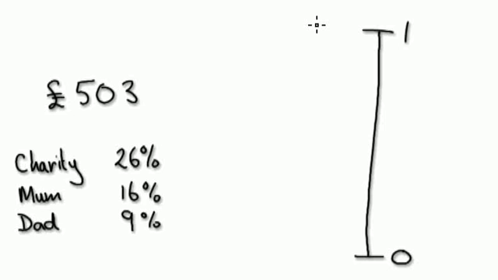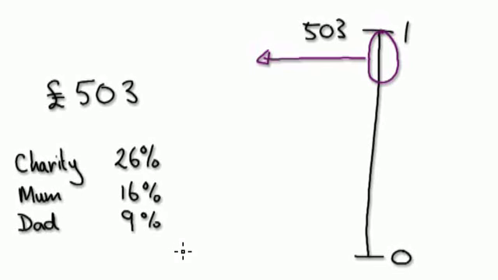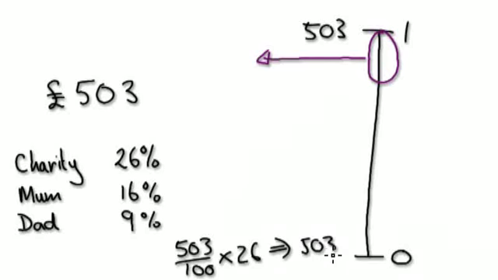So let me start again. Here, 26% goes to charity. If I want to work out 26%, I normally have to do 503 divided by 100 times 26. That's what we normally have to do. But let's use this now: 503 times 0.26.